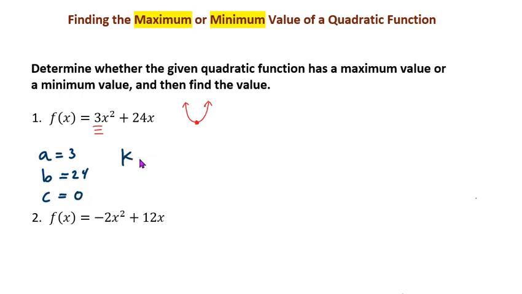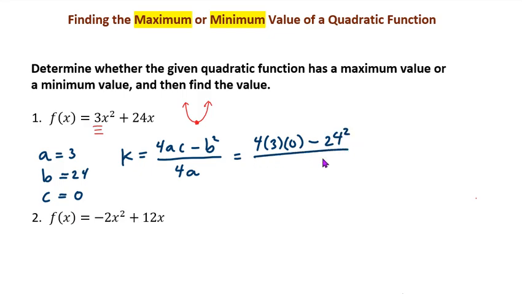Using the formula k equals 4ac minus b squared over 4a, we have 4 times 3 times 0 minus 24 squared, all divided by 4 times 3.